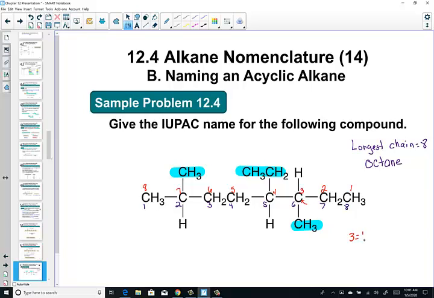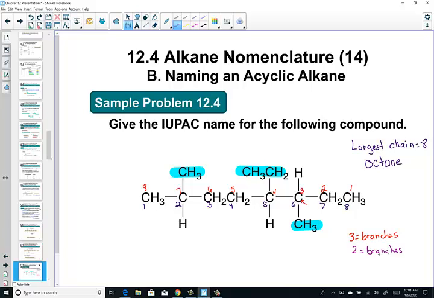So carbon 3 is the first that branches to a substituent group. If I number from left to right, the first carbon I see going left to right is at carbon 2. I see something branching there.